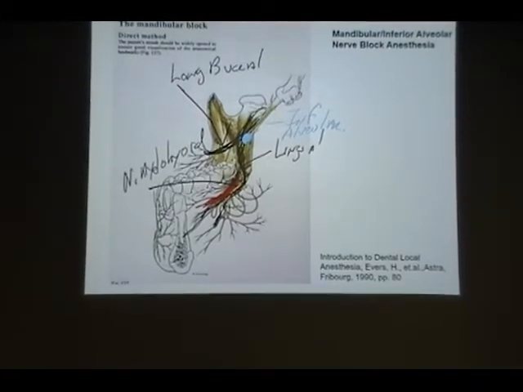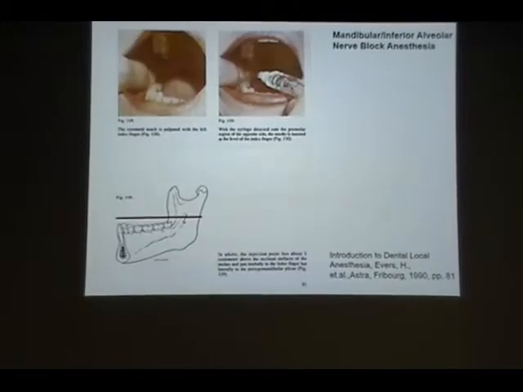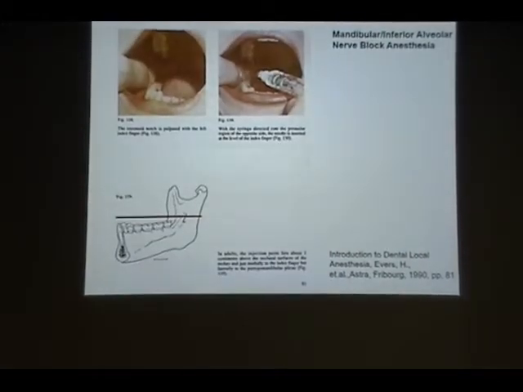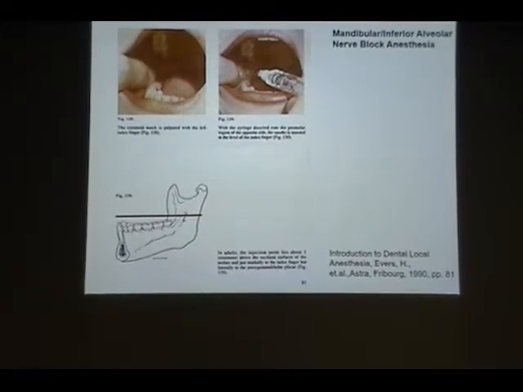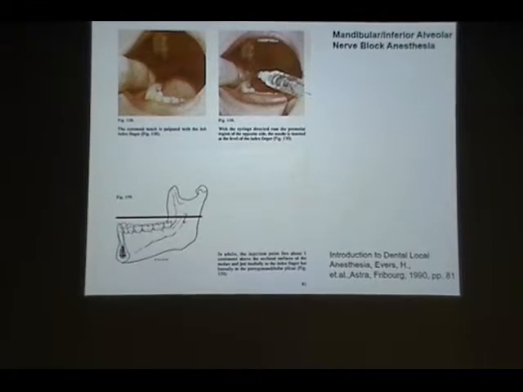Okay, so we're going to administer an inferior alveolar block, okay? Now, this side is pretty good, okay? So typically what we do is the syringe, let me use black here.